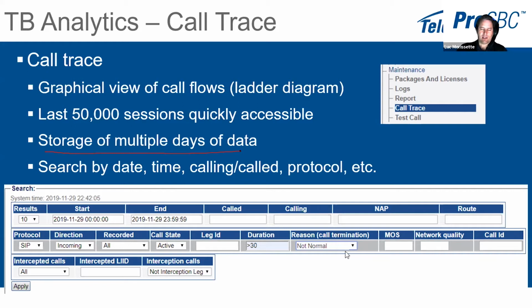The files will be called UCT data files. And you can search in this tool by date, time, and all these parameters here: the NAP, the route name, the call ID even, the reason, either not normal or a specific reason cause. You can say any calls that are more than 30 seconds or less than 30 seconds. So you have all kinds of tools here to filter and find the calls you want.